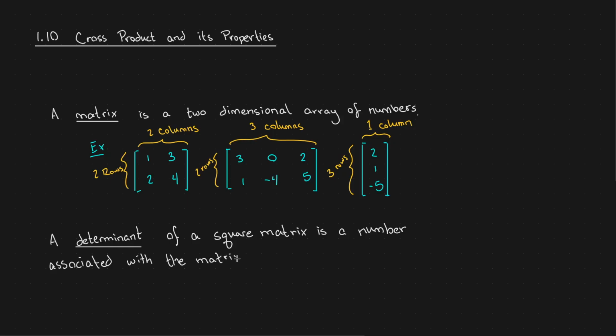Now, this number, this determinant, actually tells us some pretty useful stuff about the matrix. We're not going to worry about that for now. We just need to know a little bit about the process of taking a determinant. I will just note that this only works for a square matrix. A square matrix is a matrix that has the same number of rows and columns.